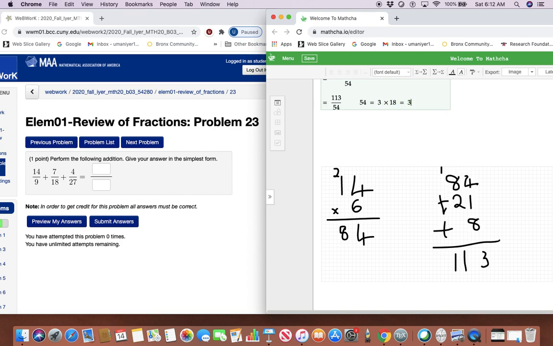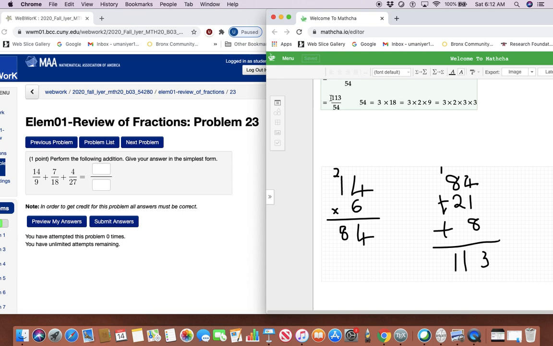Which is 3 times 2 times 9, which is 3 times 2 times, what is 9? 3 times 3. So in other words, what I did here was prime factorization of 54. There is a 2 and there are 3 3's.